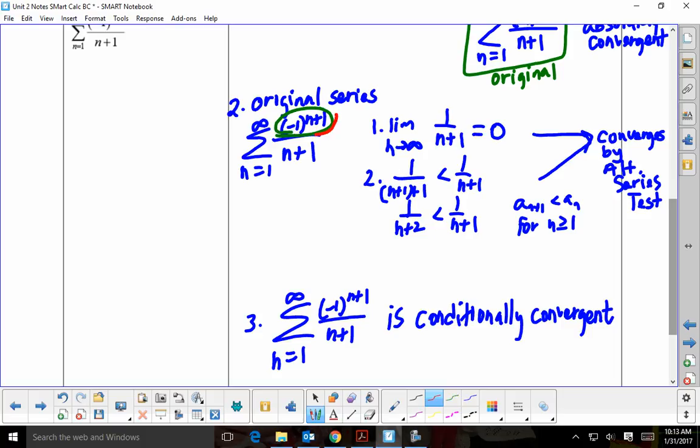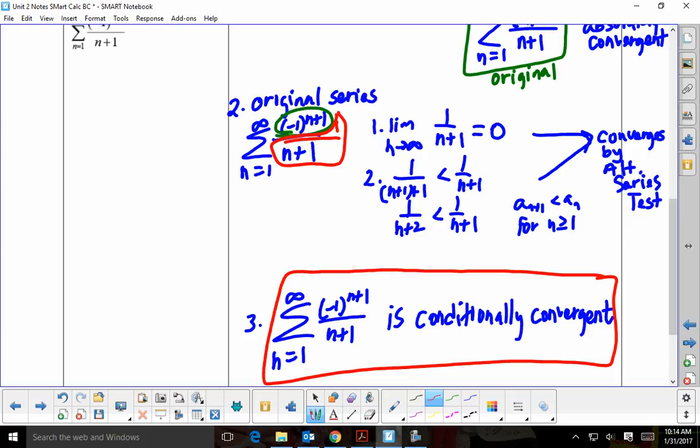So what's left is that guy, so you take the limit of the non-alternating part and you show it's decreasing to the limit. Okay, so final answer was that guy.